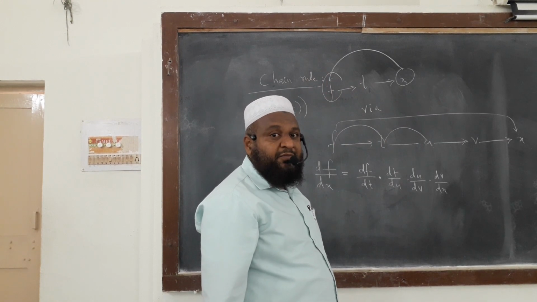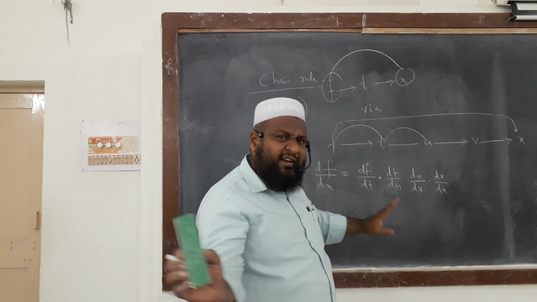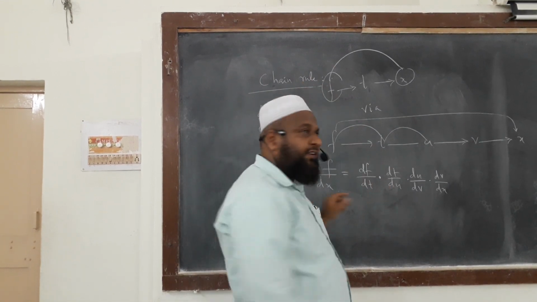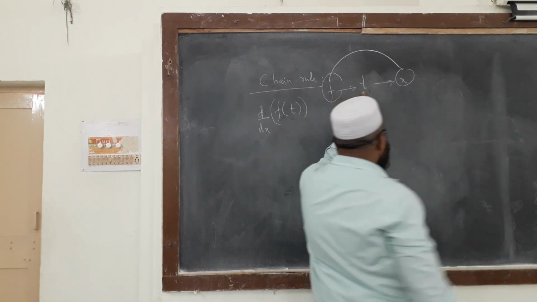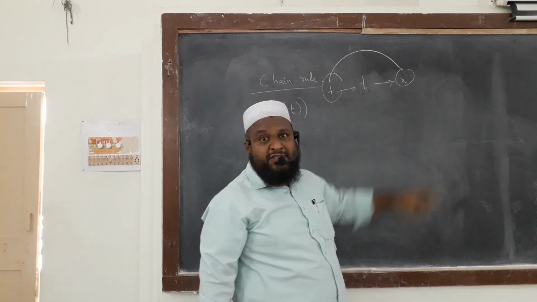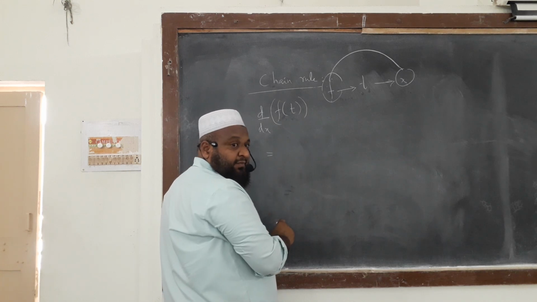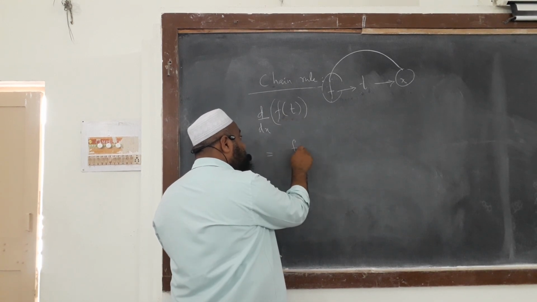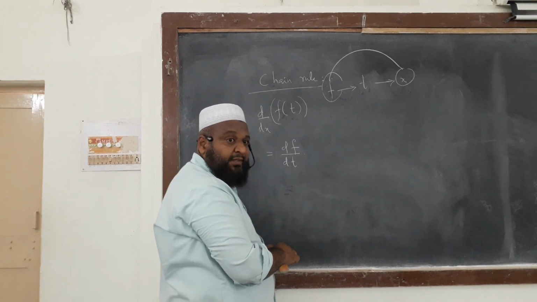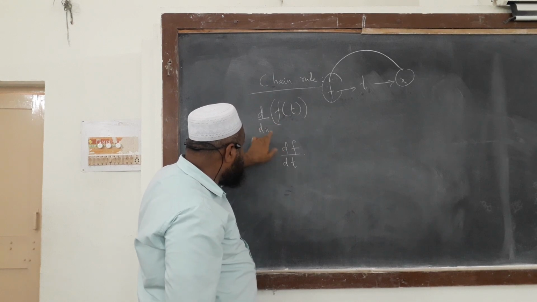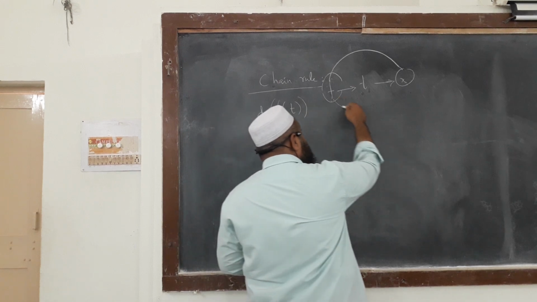But generally, we have only one variable. Let me not say generally, it can be any number of variables. For example, f depends on t depends on x, then f however depends on x. What is the derivative of this f of t with respect to x? First of all, do the differentiation of this f with respect to t. It is f of t, you think it is t here, like that you can do the differentiation.